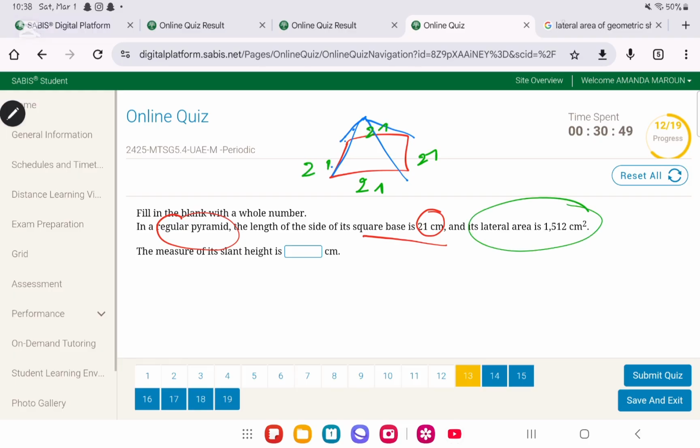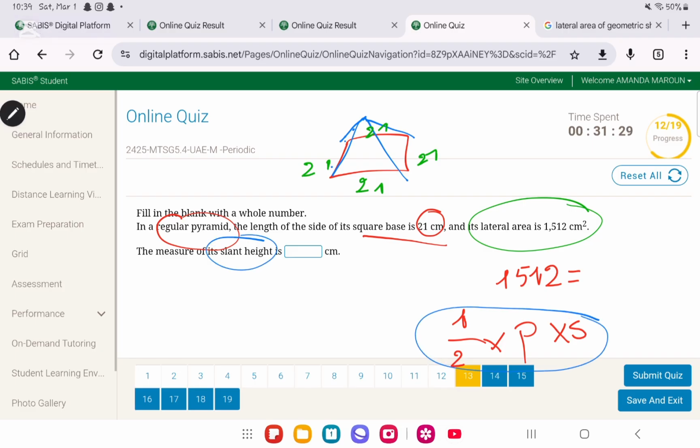Its lateral area is 1,512 square centimeters. Very simply, we know that the equation of the lateral area of a pyramid is equal to 1/2 times the perimeter of the base, denoted by P, times the slant height S. And here they want us to find the measure of its slant height.